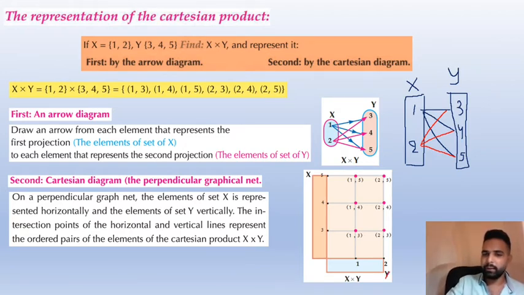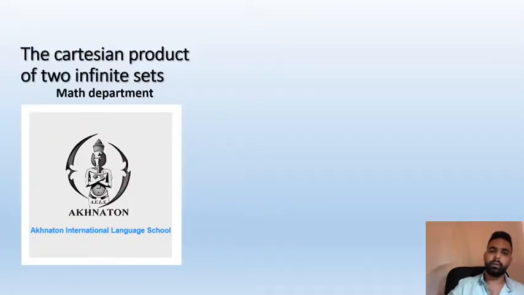So I will write x here and y here. I will write the elements of x, which are 1 and 2, then the elements of y, which are 3, 4, and 5. Then the intersection points (1, 3), (1, 4), (1, 5), (2, 3), (2, 4), and (2, 5) represent the product of x and y.